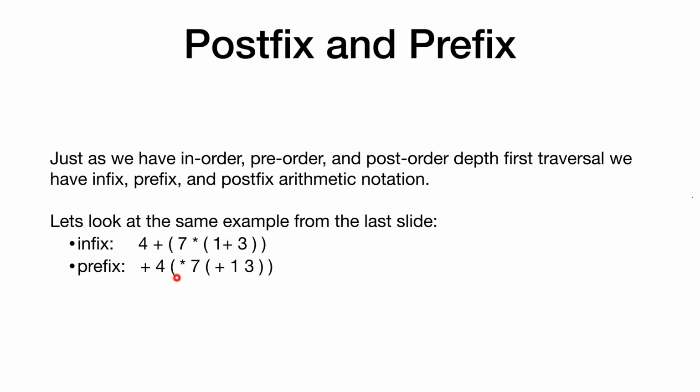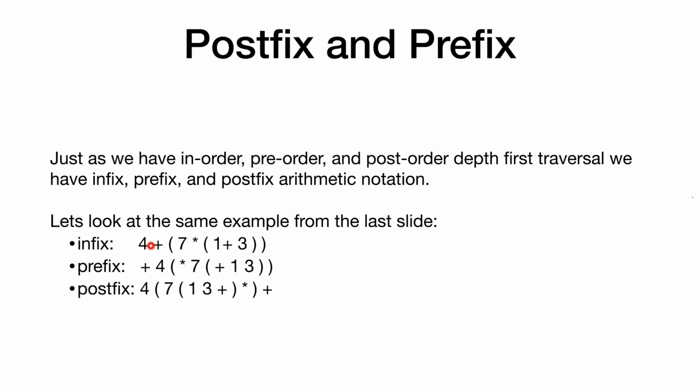But if I had told you this ahead of time and I gave you a new equation in prefix order, and said this is in prefix order, give me a number, you would still be able to figure out that first you need to add the 1 and the 3 to get 4, and then multiply that by 7 to get 28, and then add 4 to get 32, right? And I bet you can guess what postfix is.